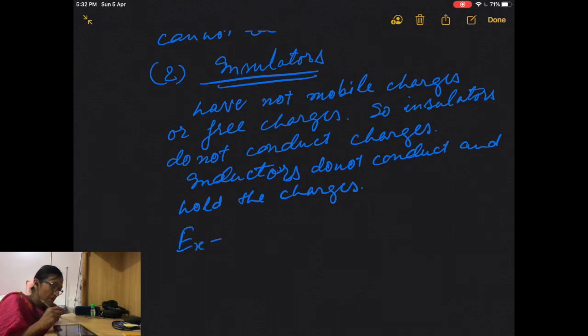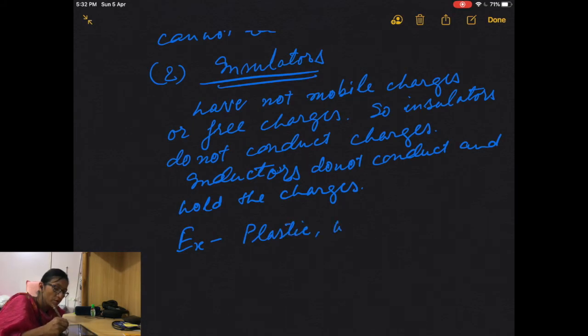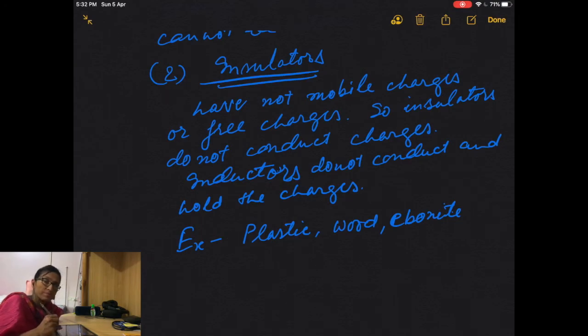All the materials that do not conduct electricity, like in our houses we have plastic switchboards, plastic, wood, ebonite, all these are insulators. There are so many other examples you will find and you will just learn.